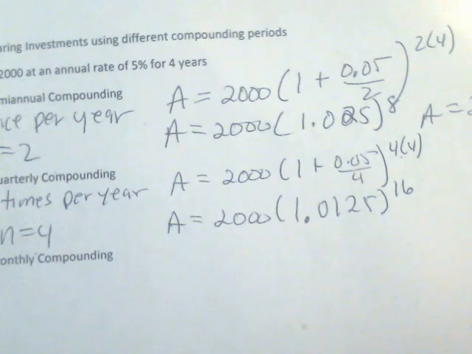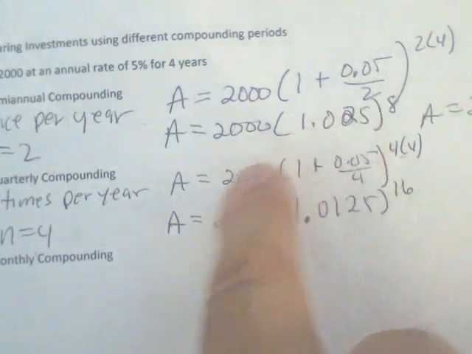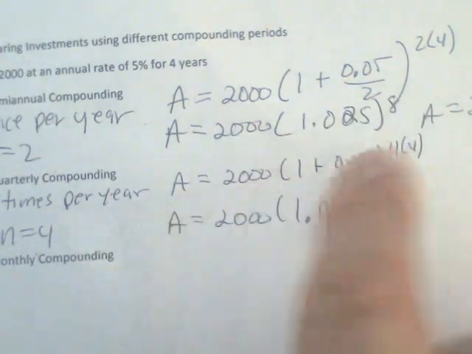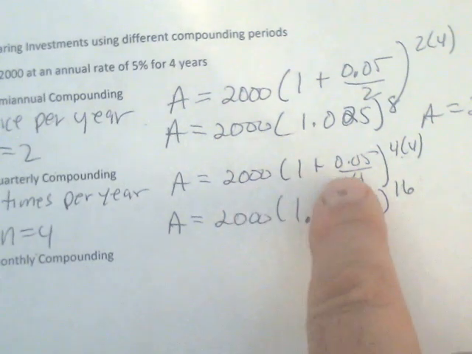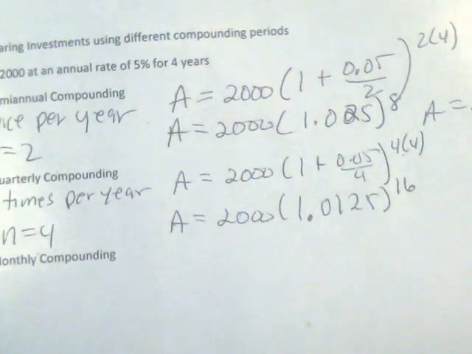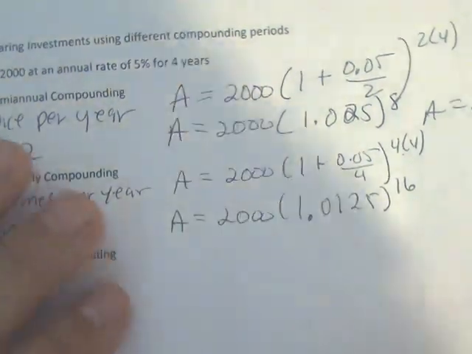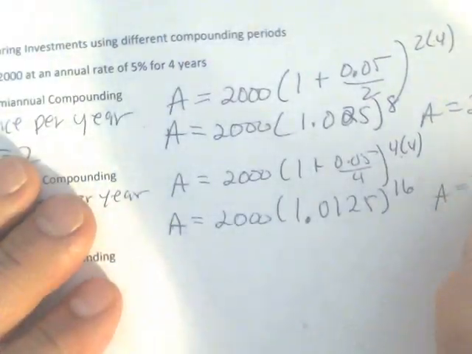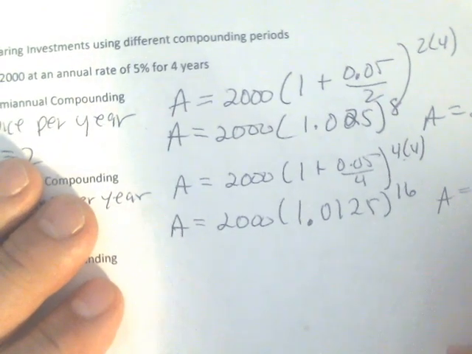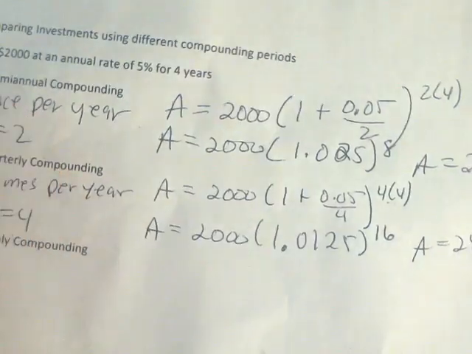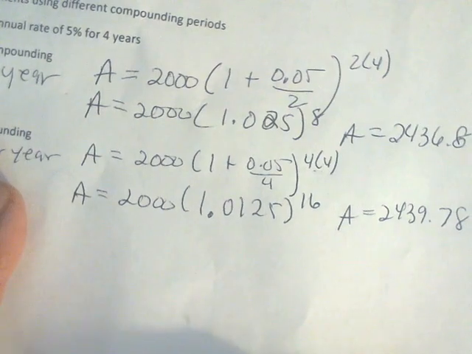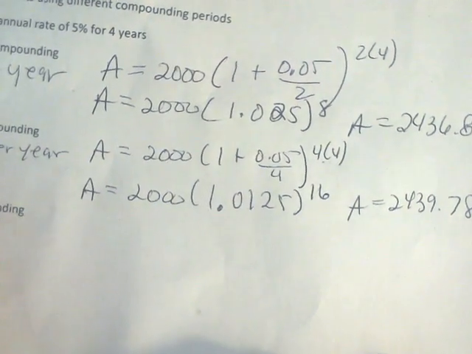Now again, if you have a graphing calculator or one of the TI-30s that you can see everything as you type it in, you can type this in exactly as you see it. Probably even do it up here and make this 16. So I get $2,439.78. So it's about $3 more. Well, better than nothing, right? And that's just compounding it extra.